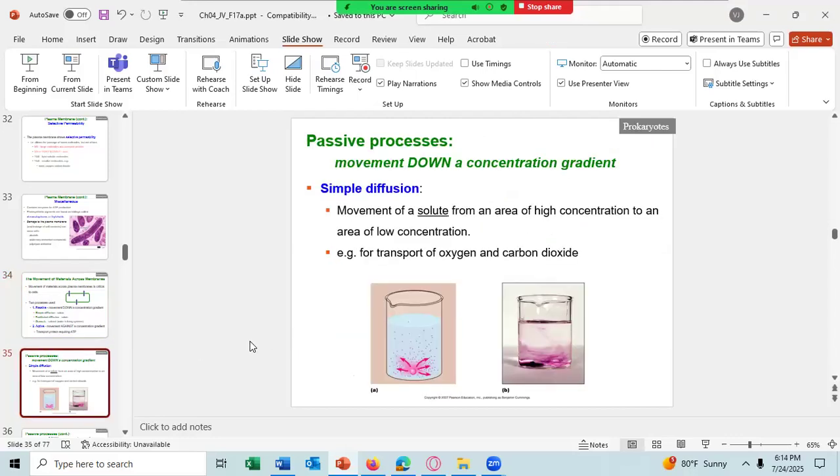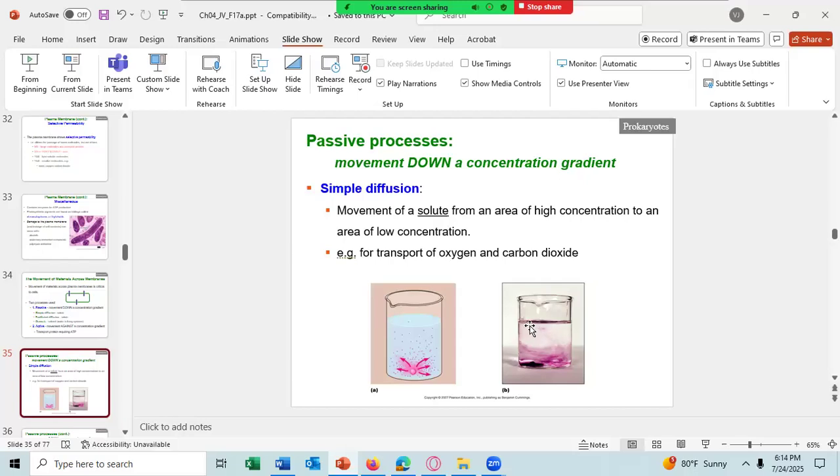All right, so let's talk about the passive process, simple diffusion, the movement of a solute from areas of high concentration to areas of low concentration. Simple diffusion can happen with a membrane, but it doesn't have to. Like when we put a drop of dye in the beaker here, the dye will slowly disperse in the beaker of water by simple diffusion, moving from areas of high concentration right here to areas of low concentration throughout the rest of the beaker.